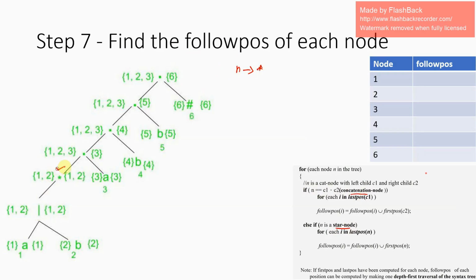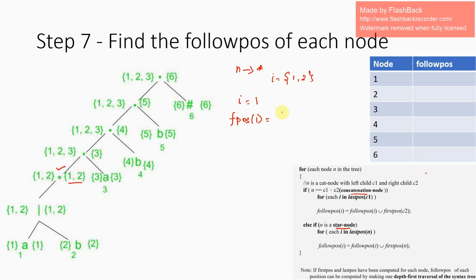That is this position. So when I take this position, I'm going to use this rule. I consider each I in the last position. So what is the last position of the star? The last position of star is 1 and 2. So I'm going to store it in the I variable. So I varies over 1 and 2. So I'm going to consider when I equals 1. When I equals 1, I'm going to take the follow position of 1. Follow position of 1 is nothing but follow position of 1 union first position of n.